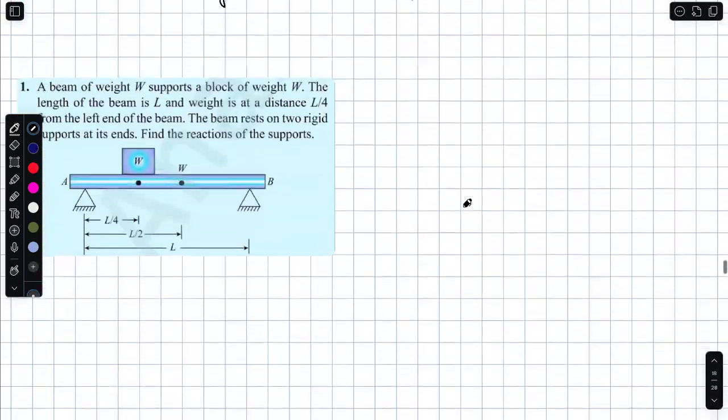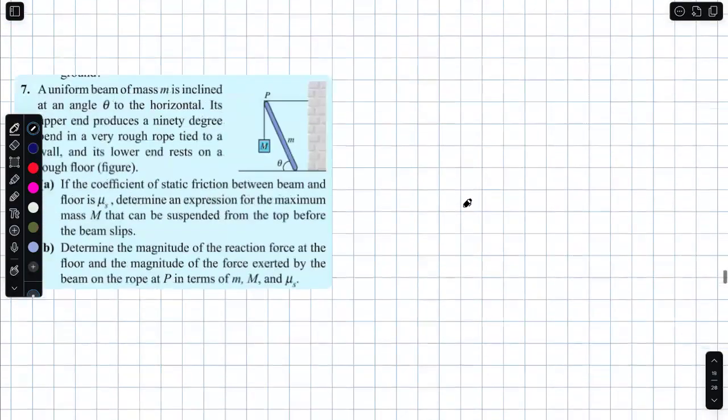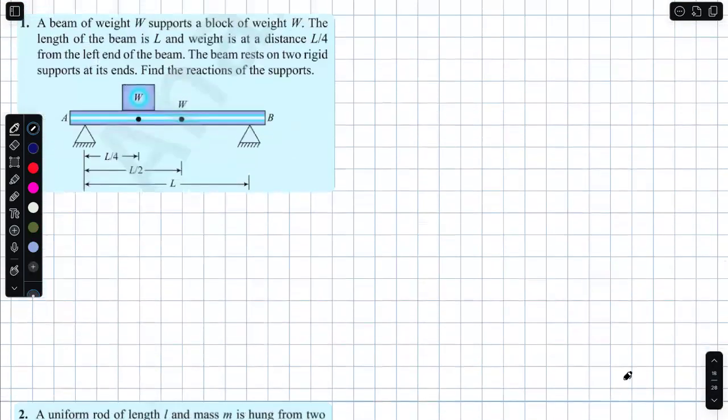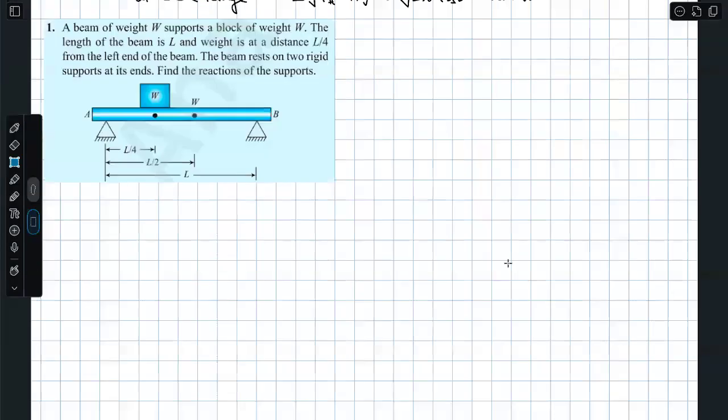I'll complete these two questions, or if required, this one, and I'll start. In this particular question, what to do is you need to have a proper idea of drawing the free body diagram.